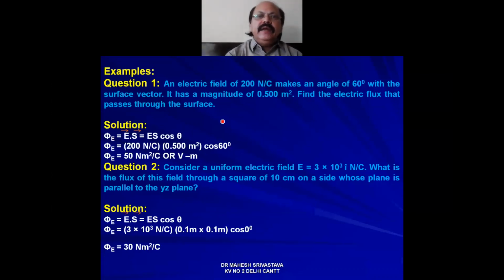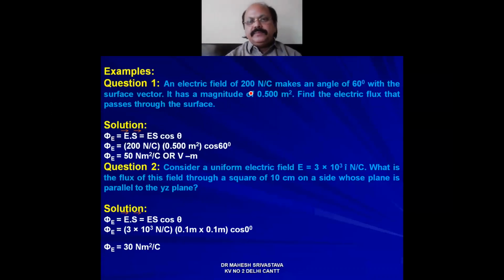The first question is, an electric field of 200 Newton per coulomb makes an angle 60 degree with the surface vector. Then it has the magnitude of 0.500 meter square. Then find the electric flux that passes through the surface.